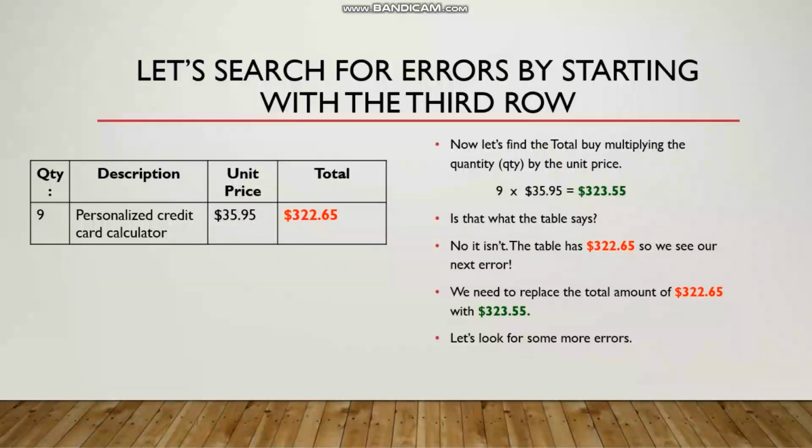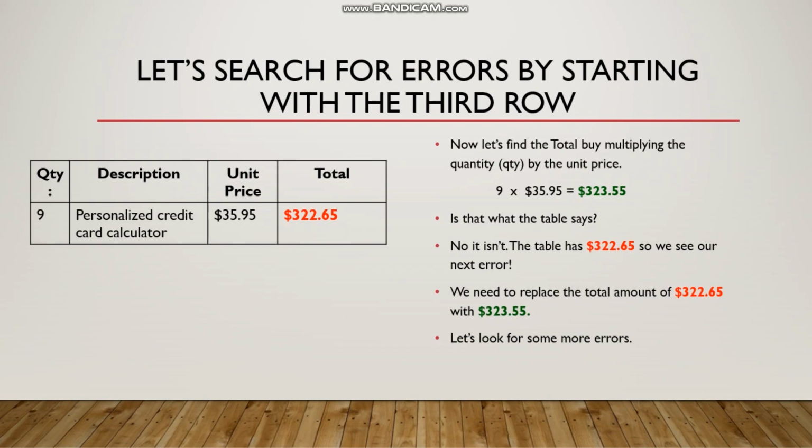And the table's total is $322.65. Now let's find the total by multiplying the quantity by the unit price. So we're going to multiply 9 by $35.95. The answer we're supposed to get is $323.55. Is that what the table says? No, it isn't. The table has $322.65.